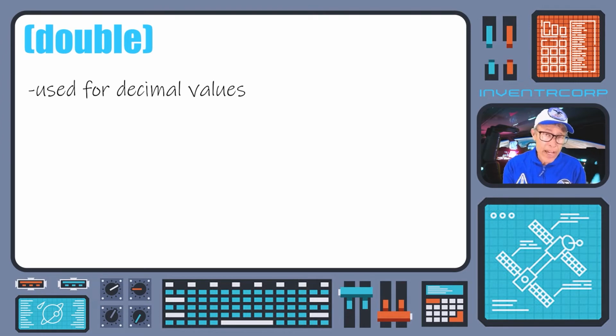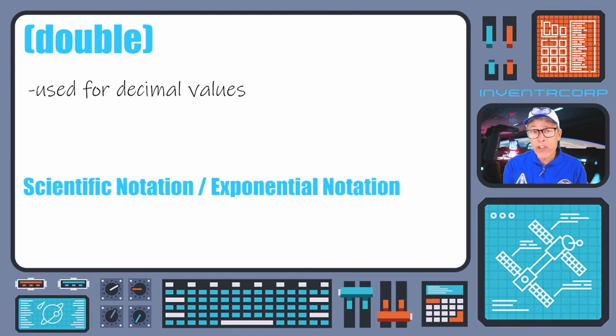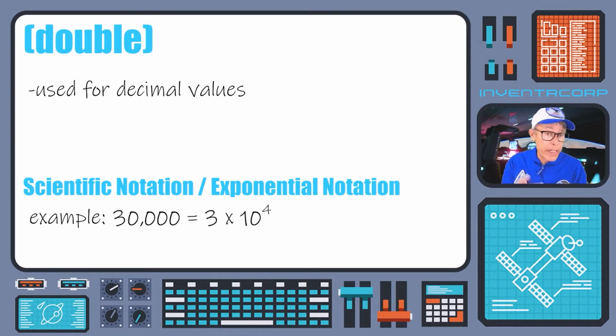A good way to do that is to use scientific notation or exponential notation. That is, to represent a number as some fractional part times 10 to some power. So for example, 30,000 could also be written as 3 times 10 to the 4th power.